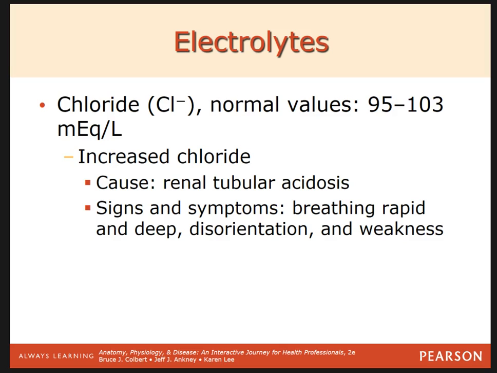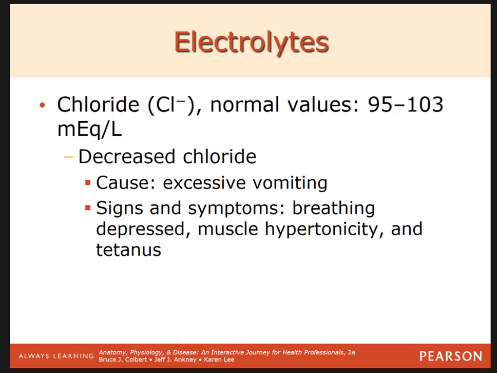An increase in the chloride can be caused by renal tubular acidosis, and signs and symptoms include rapid breathing, deep breathing, disorientation, and weakness. A decrease in the chloride ion is generally caused by excessive vomiting, and signs and symptoms can cause shallow breathing, muscle hypertonicity, and tetanus. So, kind of like a muscle paralysis, or your muscles freezing up on you.